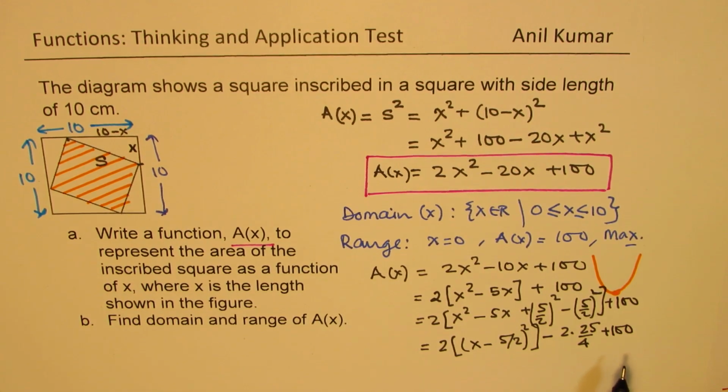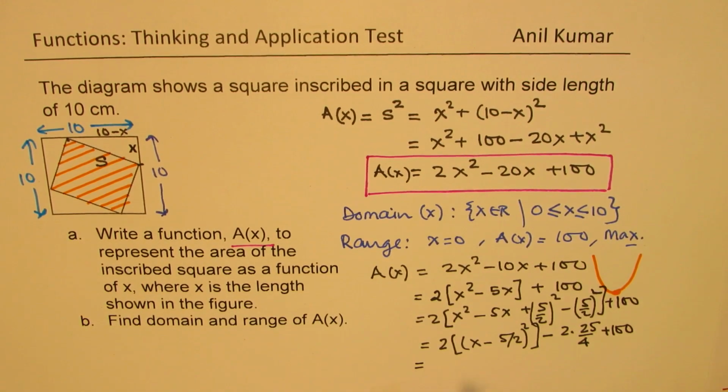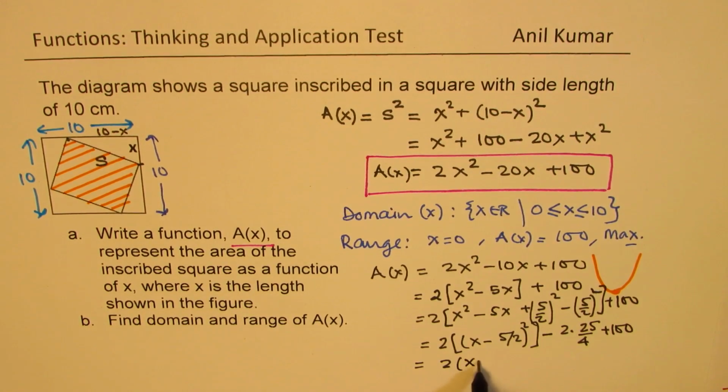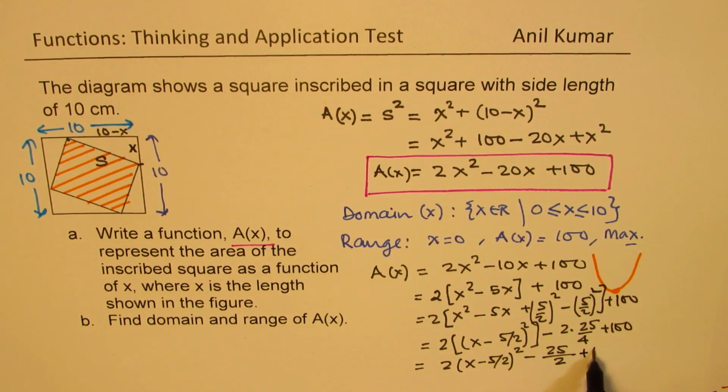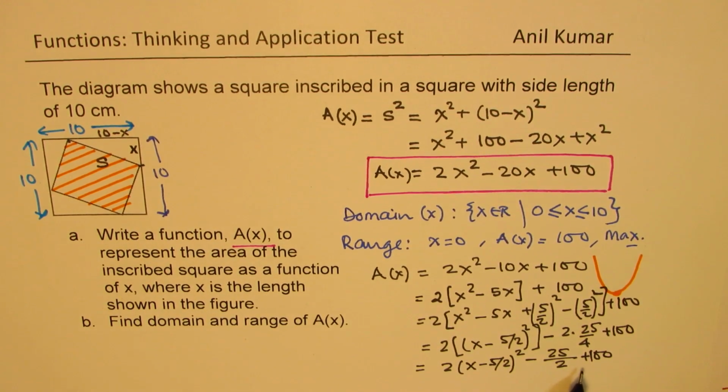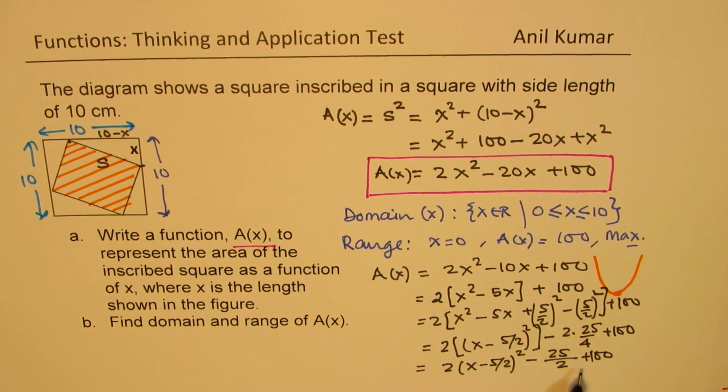Okay, now we could write this as 2 times x minus 5 whole squared, and here we get minus 50 plus 100. So that gives you, at x equals 5, we do get a minimum, and the value is shown here, which is 100 minus 50, right?